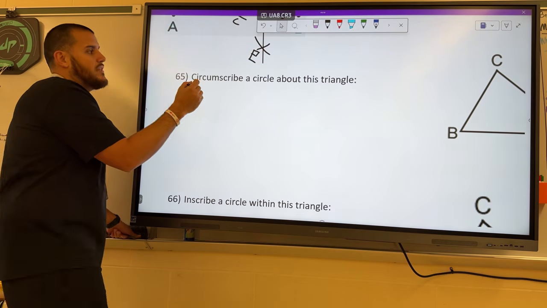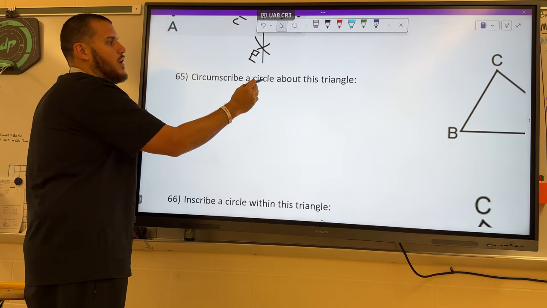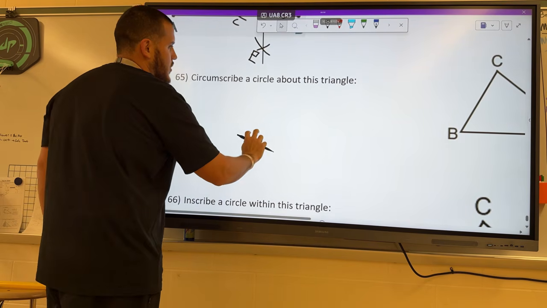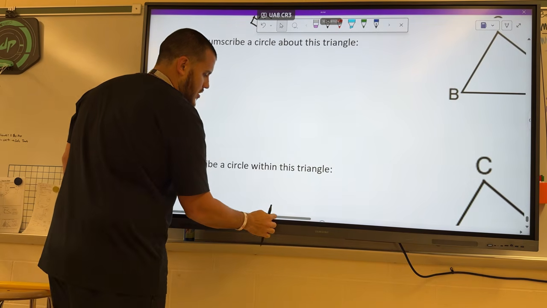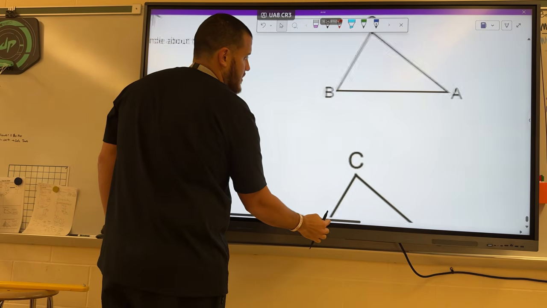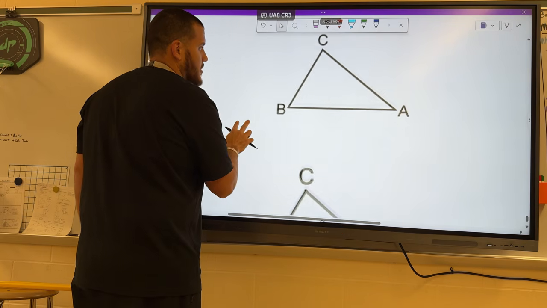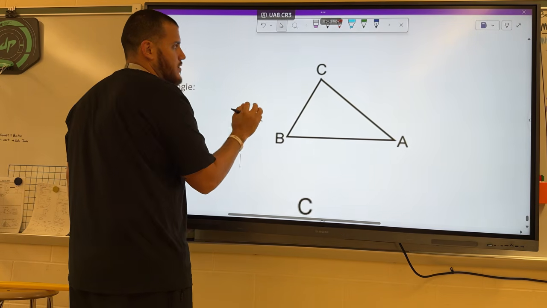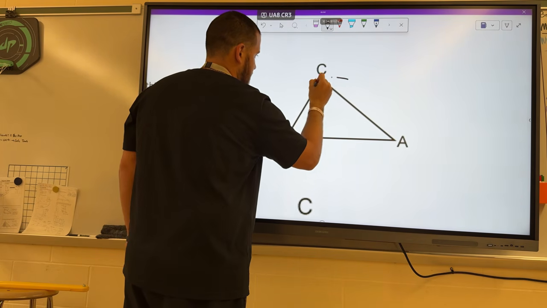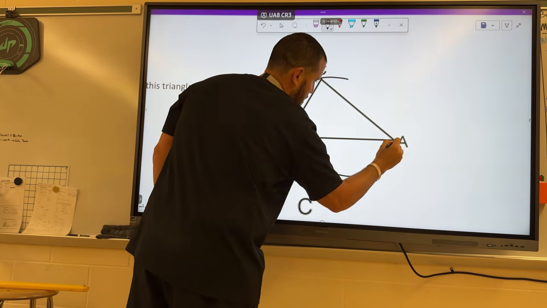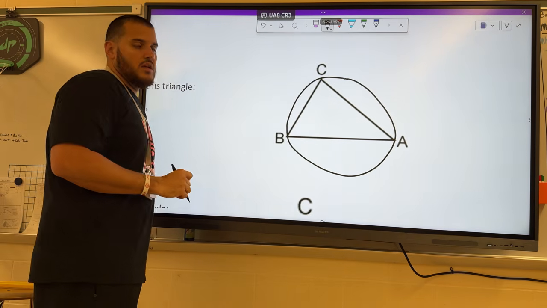So first, we're asked to circumscribe a circle about a triangle. What that is asking us to do is to draw a circle perfectly around this triangle. So essentially, you're going to have something that looks like this, where the circle hits all 3 vertices of the triangle.